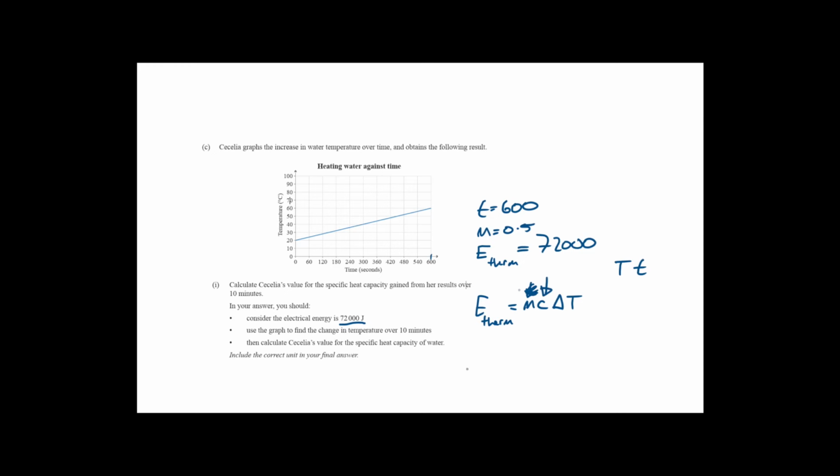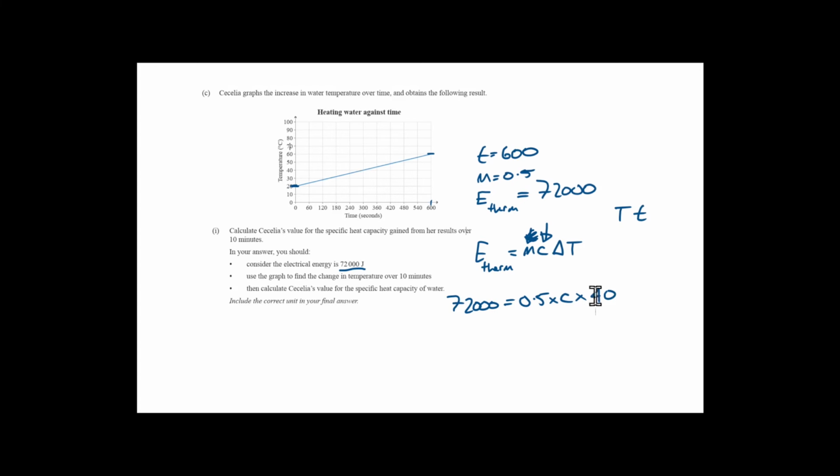You know what the mass is. So 72,000 is going to equal 0.5 kilograms times C times the change in temperature. Now what's the change in temperature? Well, we start there at 20 and we go to 60. So the change in temperature is 40 degrees. And again, we don't care if it's going up or down. It's just the change that we care about. All right. Now it's just an algebra problem, isn't it?